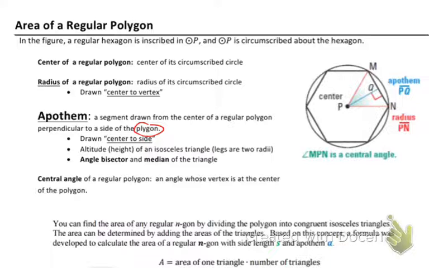Inside of this circle, we have a central point. That central point is not only the center of the circle, it's also the center of our polygon. That's what we talk about here: the radius of the regular polygon, the radius of its circumscribed circle. It's drawn from the center to the vertex. We've seen these problems before, where we draw that point to a vertex.